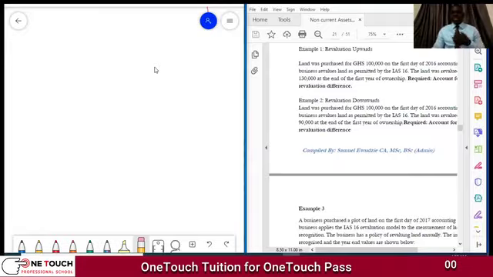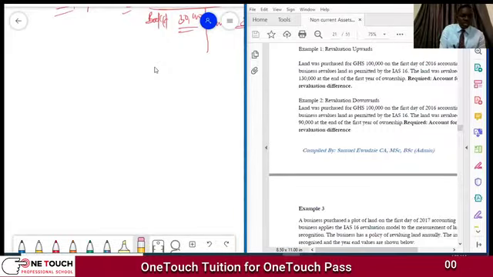Now we learned that when an asset is revalued for the first time and there's a revaluation loss, the loss is debited to P&L and credited to the asset. Now the asset value is 100, revalued to 90, so the asset has lost value by 10,000.